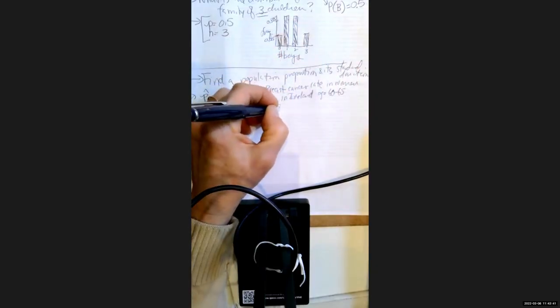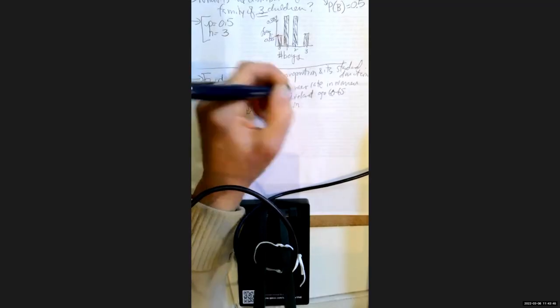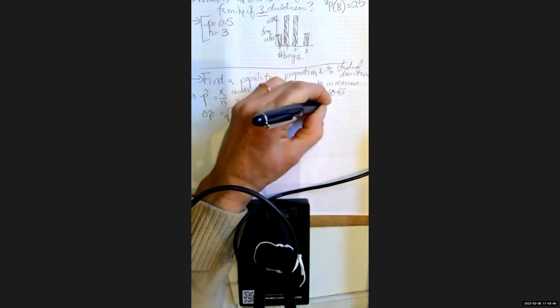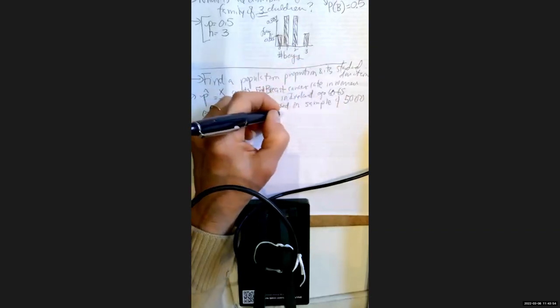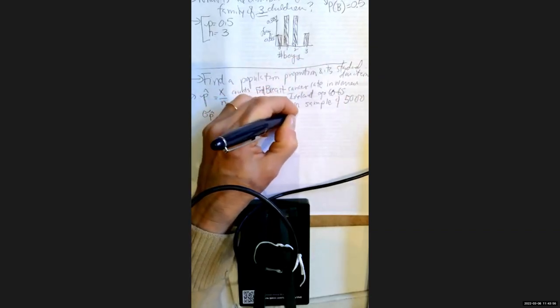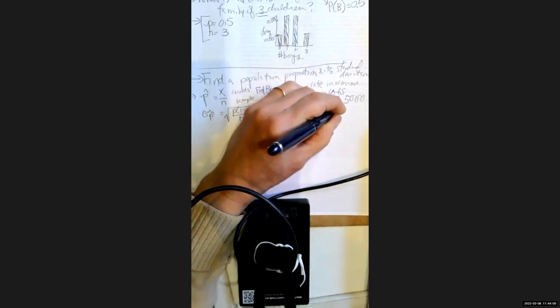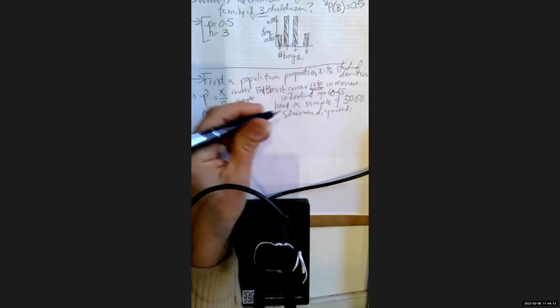We have a sample of 5,000. We found 50 women diagnosed. So we want to find the breast cancer rate, right? That's the probability. And we have a sample of 5,000.